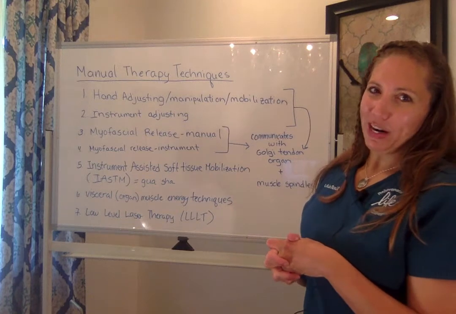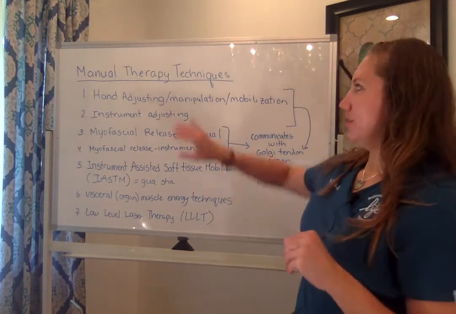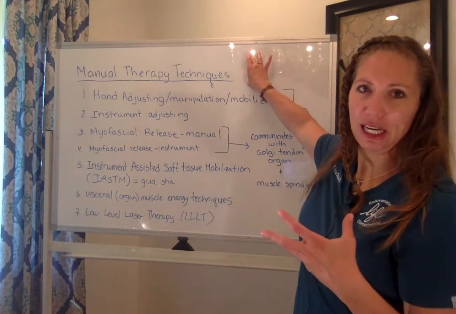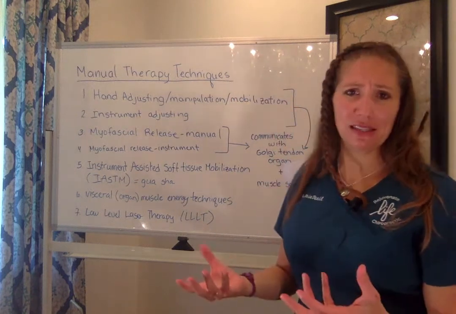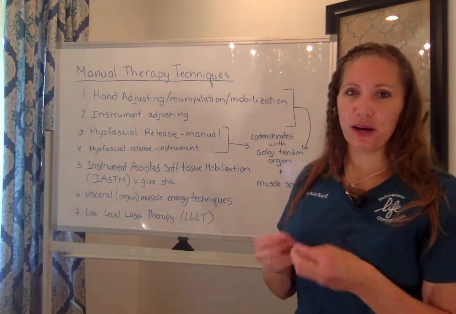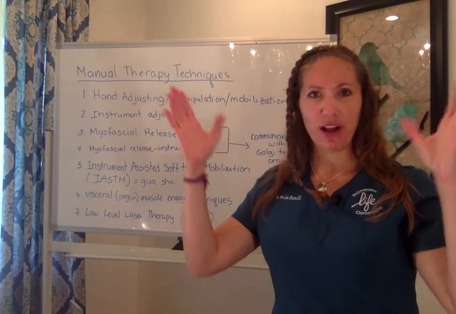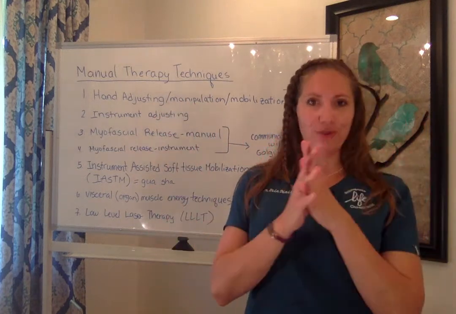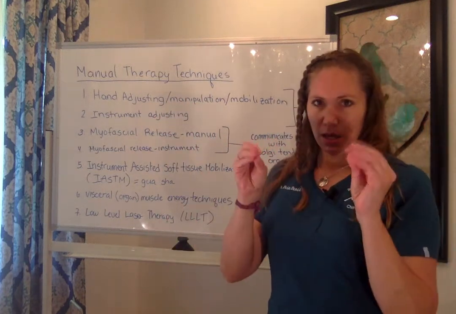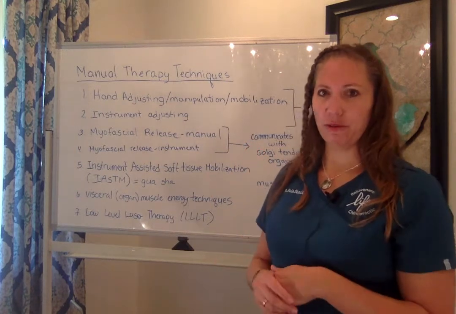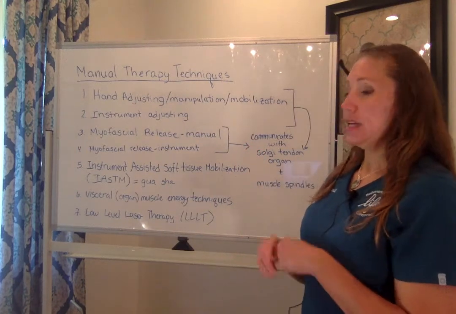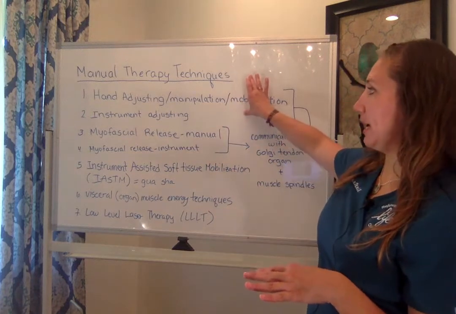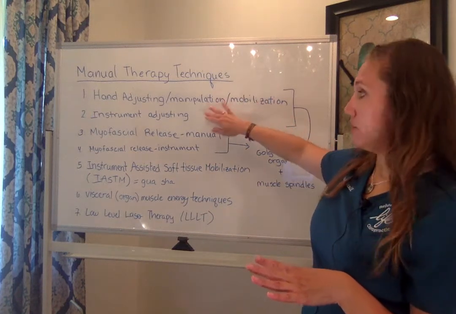Okay, so chiropractors, what do we do? We've got this major category called manual therapy techniques, manual medicine. There's lots of research right now going on under the broad theme of manual medicine. What do we do, physically? How does the body respond to different things? In my office, I do hand techniques and instrument techniques.